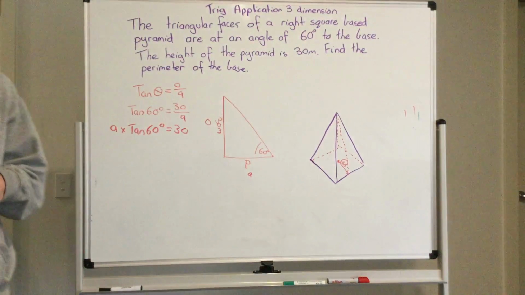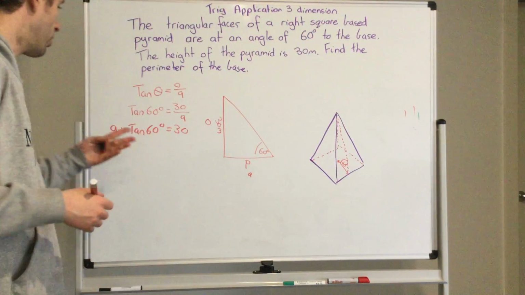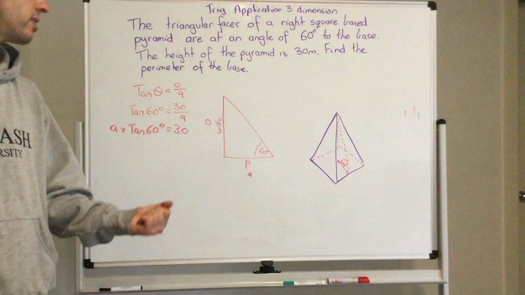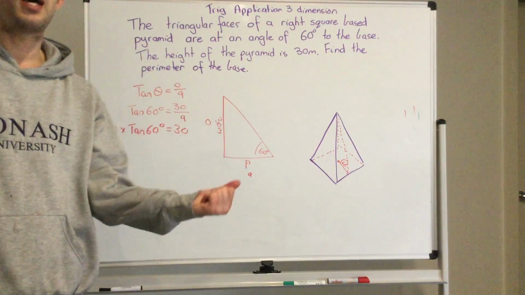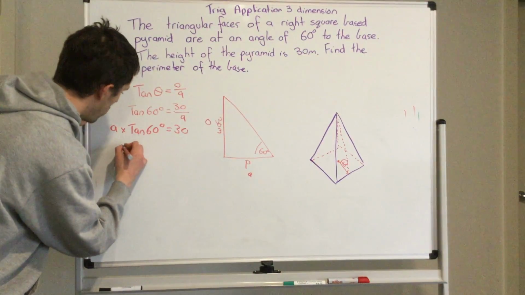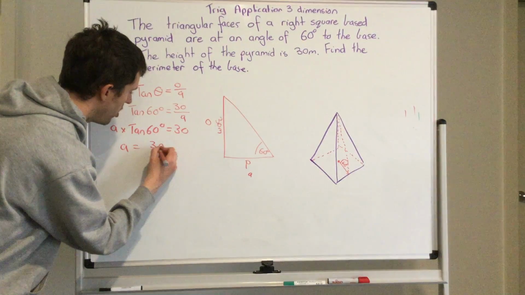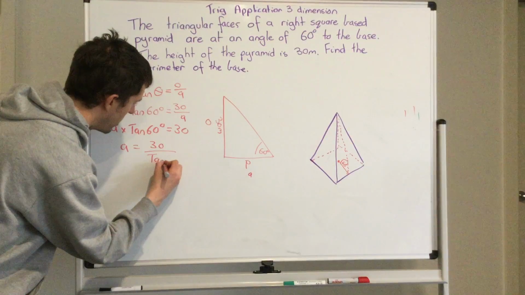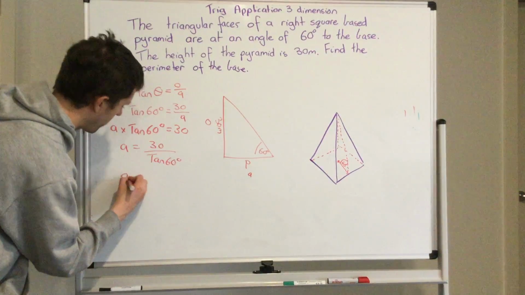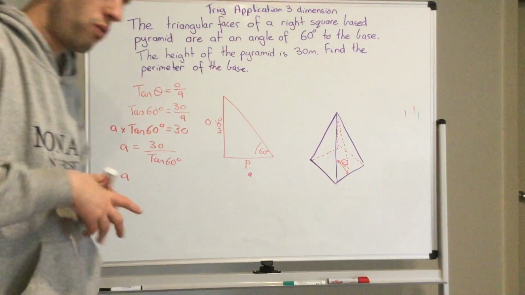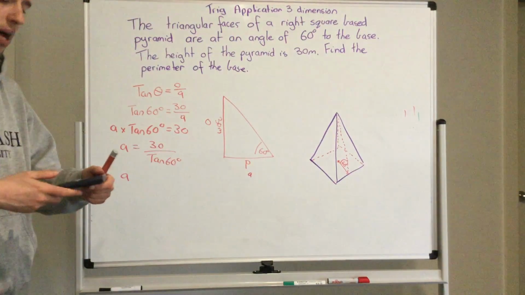I want A by itself. So to do that, I'm going to divide this side by tan 60 degrees. When you divide one side, you must divide the other as well. So it cancels it out on this side and becomes 30 over tan 60 degrees. That leaves me with A by itself.